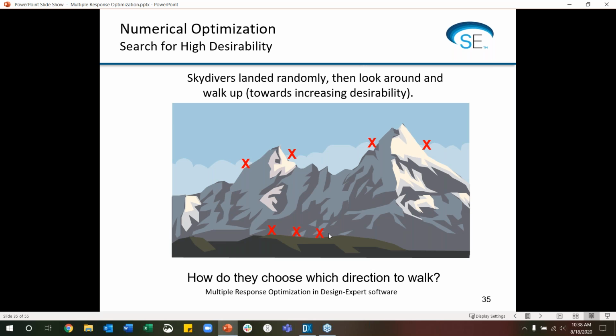It's even worse if you have a plateau. When you have a plateau and you're looking to increase desirability, but desirability is pretty much all the same around the plateau, it's hard to know which direction to go. So with a plateau, you will have even more solutions that are spread across the design space. And quite frankly, that's good news.